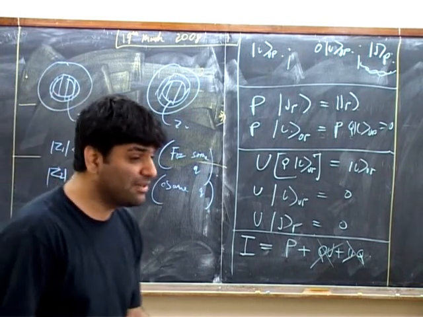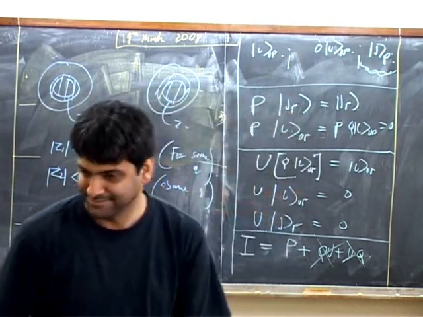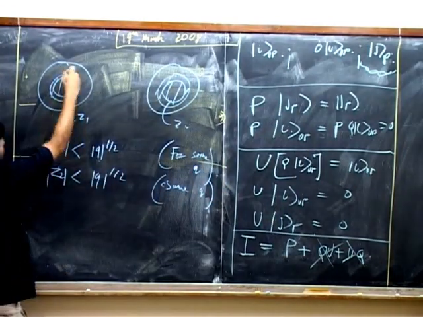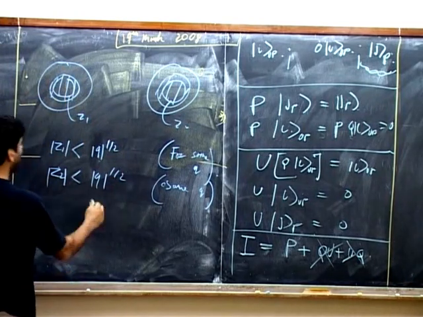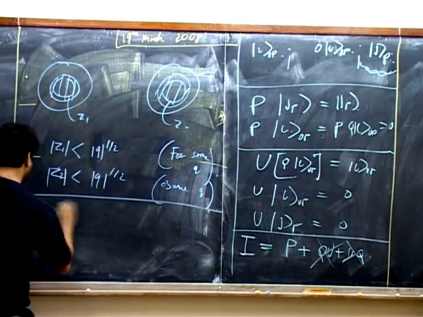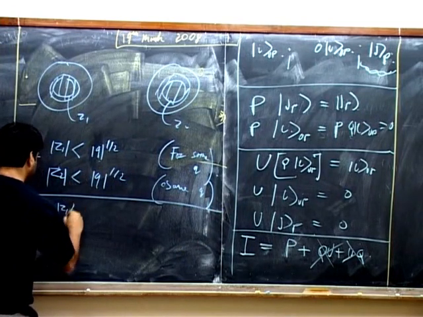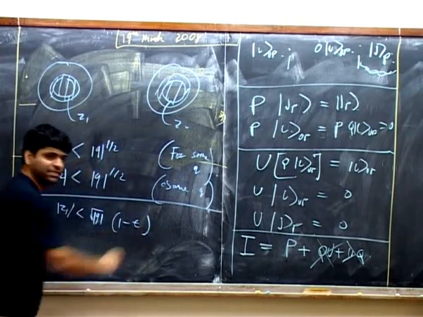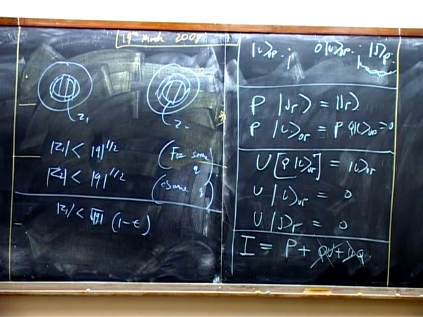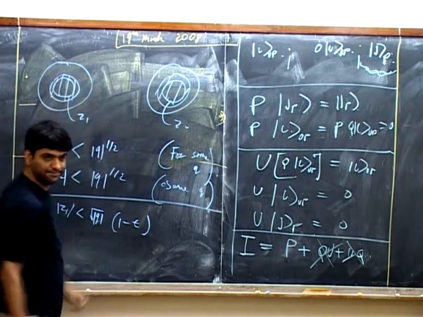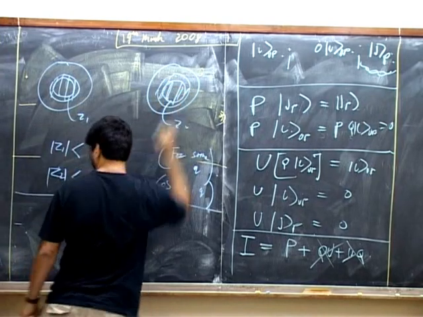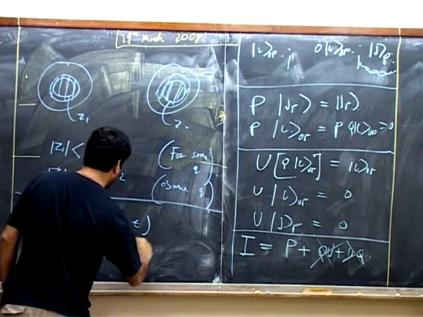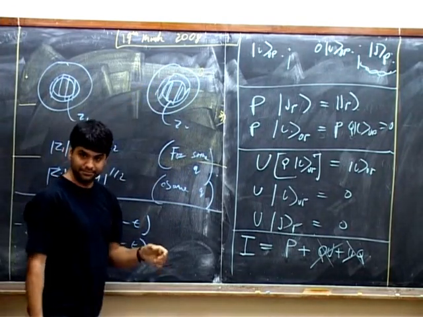But we have to do this in a way that specifies complex structure. So what we're going to do is remove not the whole disk all the way up to |q|^(1/2), but only up to a bit less: we will remove a disk where |Z1| is less than the square root of |q| times (1 minus epsilon) for some positive epsilon. Similarly here we will remove |Z2| less than the square root of |q| times (1 minus epsilon). We're not removing all of the disk, only some part of it.